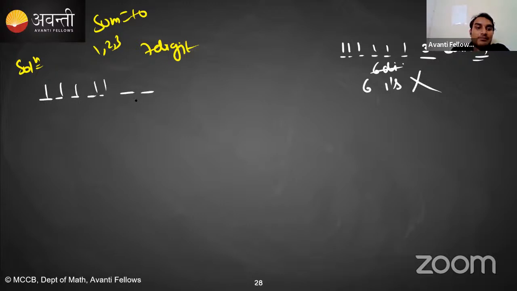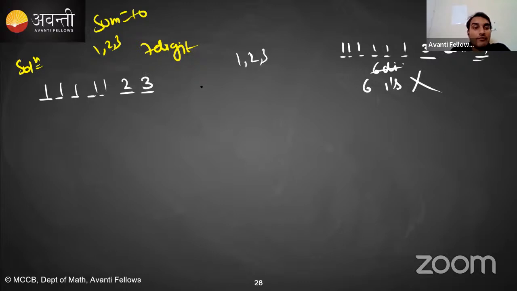Now you are left with two digits, right? So you can use 1 2 3, right? Again, if you use 2 2, then sum becomes 9. So it means 2 3 only you can use here. Yes or no?